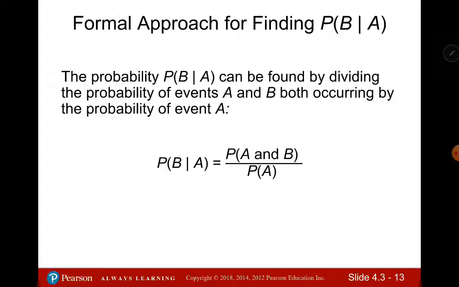So event A happened and event B happened, but we should divide it by the probability of event A, because event A happening is our condition. So the denominator is the condition.